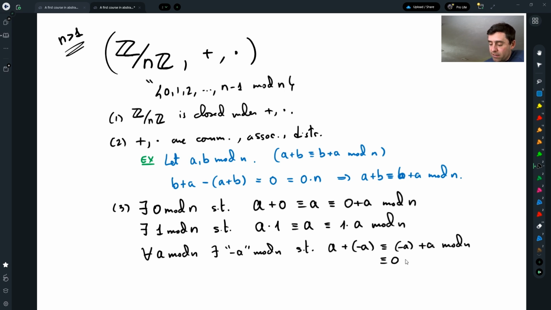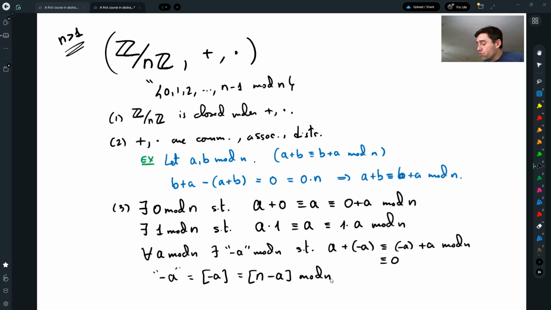What is that class? Here, minus A is the class of minus A modulo n, which is actually also the class of n minus A modulo n, if you want to put it as a number between 0 and n minus 1.